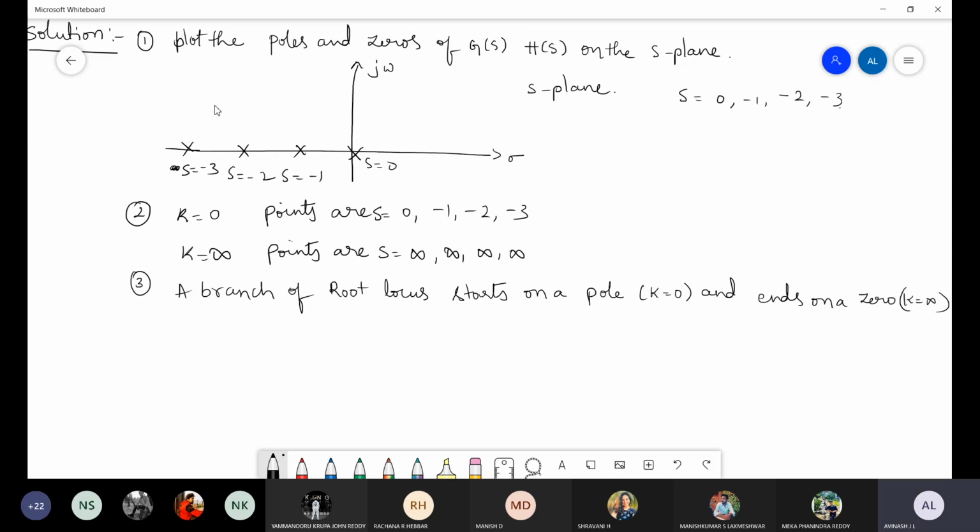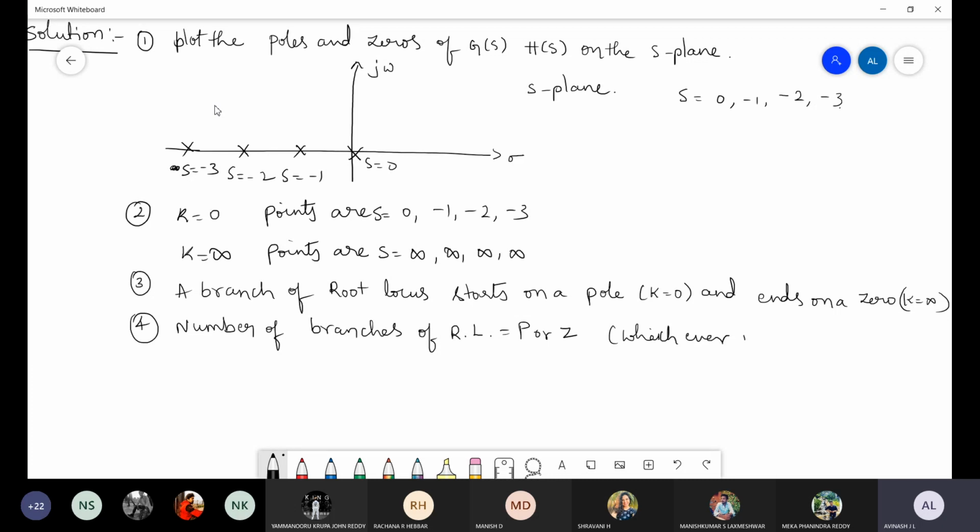Step number 4 is the number of branches of root locus. That is equal to P or Z, whichever is greater.